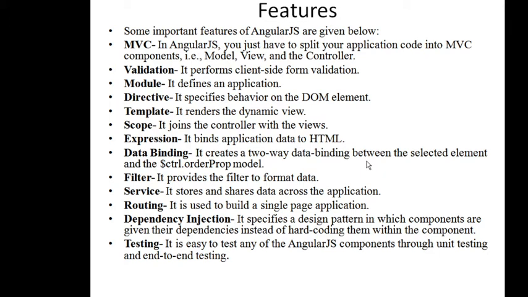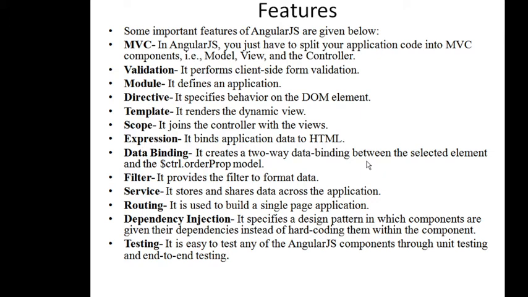Now next is dependency injection. It specifies a design pattern in which components are given their dependencies instead of hard coding them within that component. Now testing: it is very easy to test any AngularJS component through unit testing and end-to-end testing. So we can test the components or applications which are built based on AngularJS.